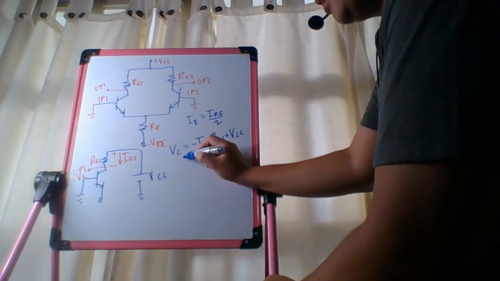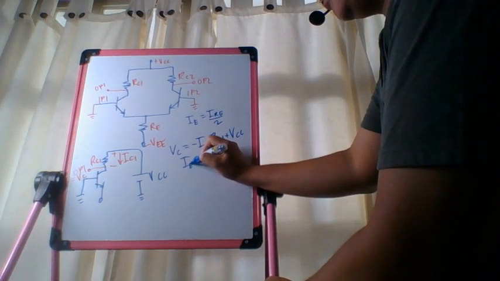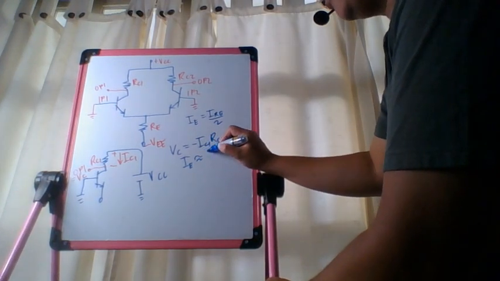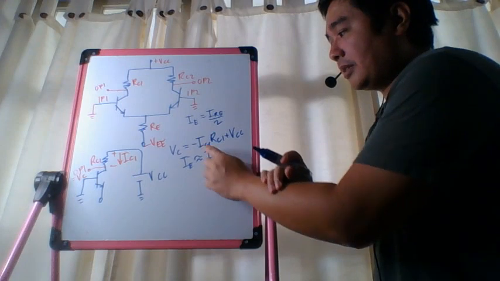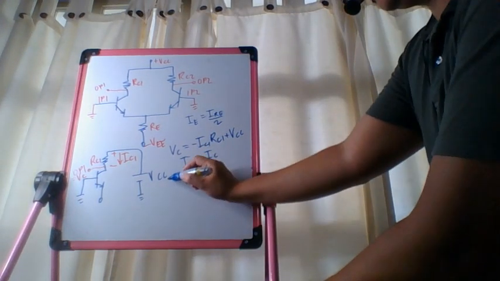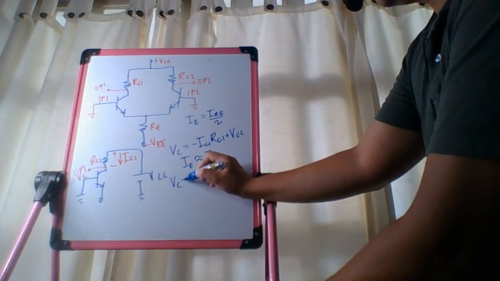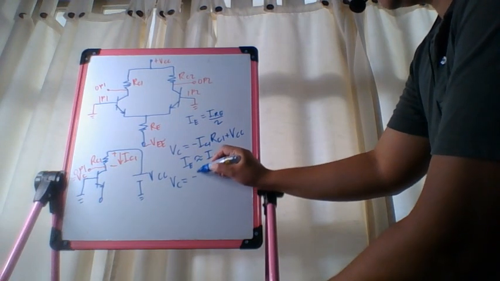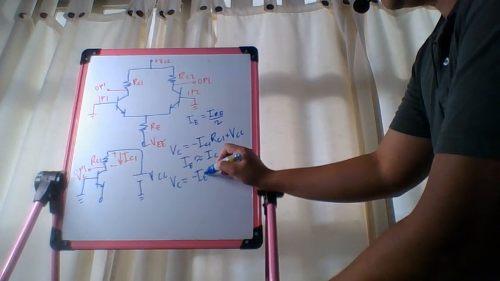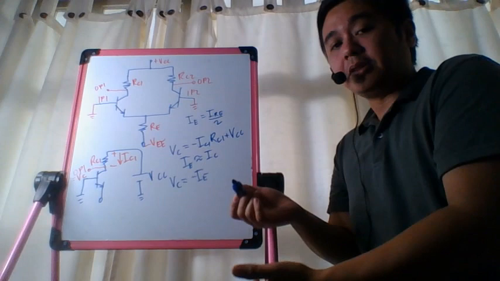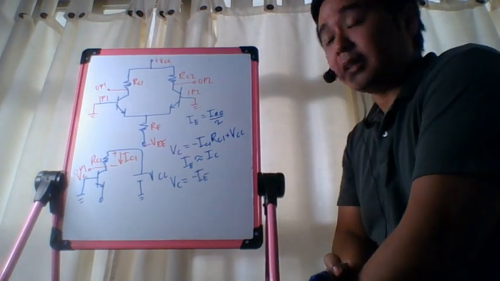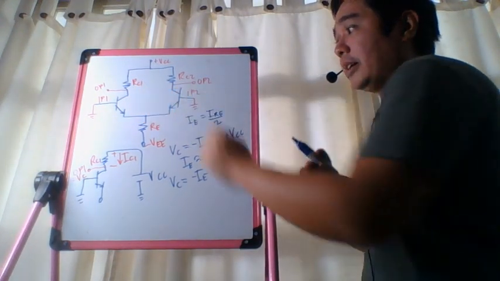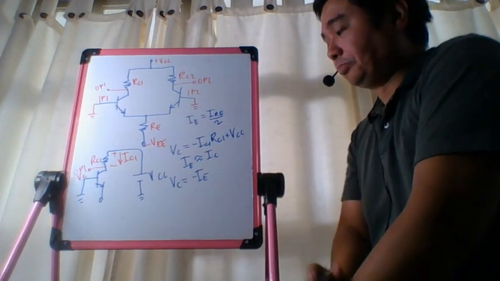And since I sub E is approximately equal to I sub C, we can replace this in our equation. So we have now VC is now equal to IE, negative IE. It's either IE1 or IE2. There's no problem kasi the transistors are identical. The same with RC1 and RC2.